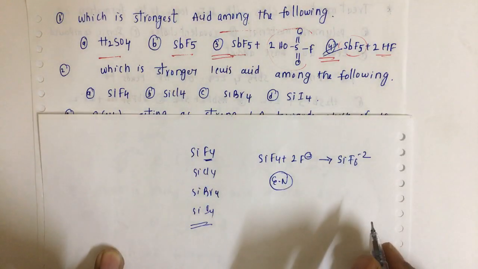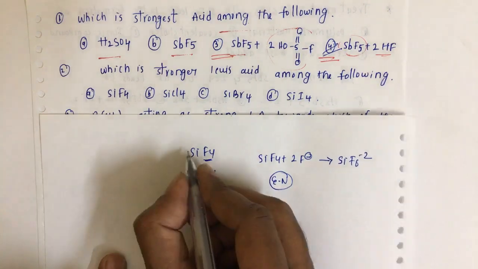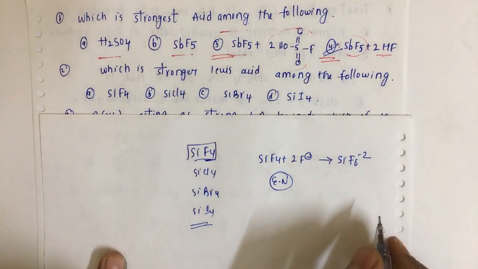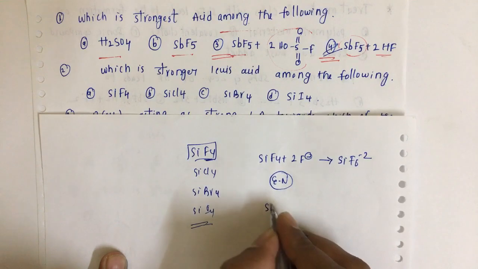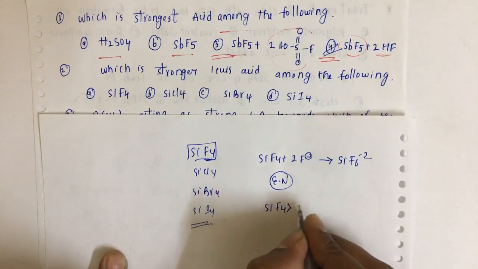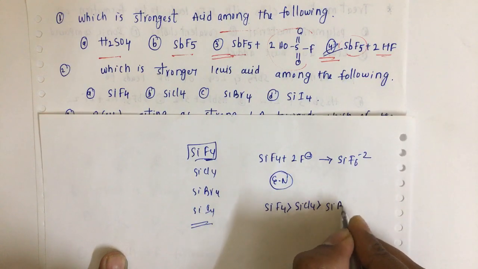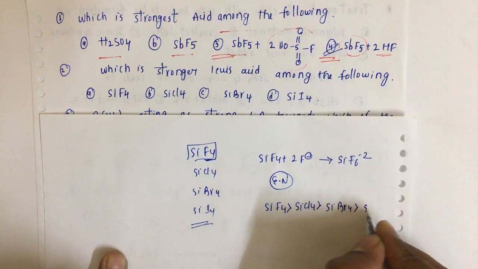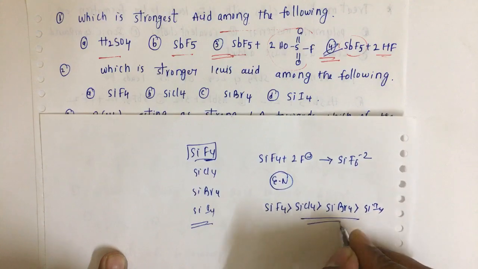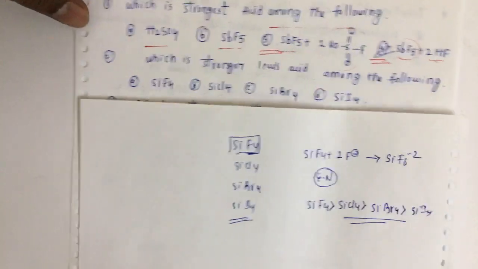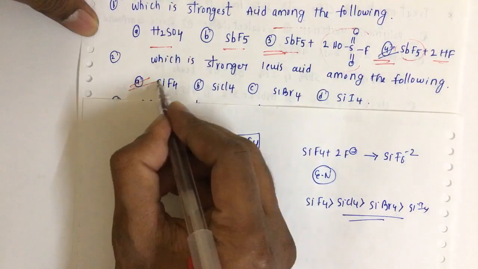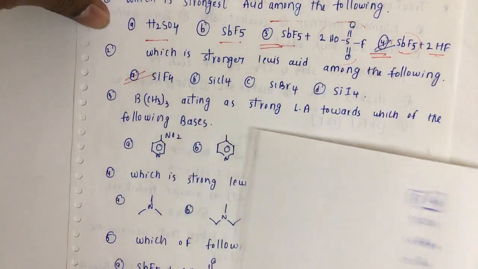Fluorine is more electronegative, so this compound will be highly Lewis acidic in nature. So the order will be SiF4, then SiCl4, then SiBr4, at last SiI4. So the answer will be SiF4.